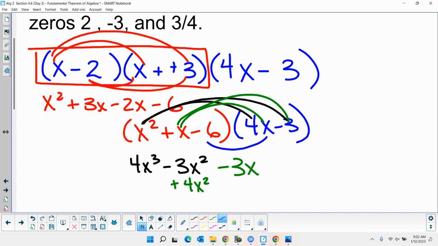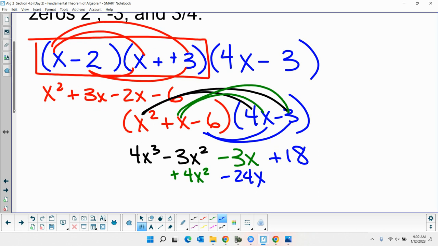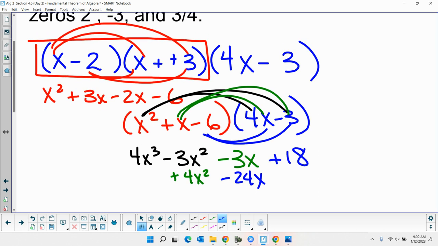And negative 6 times 4x is negative 24x. And negative 6 times negative 3 is a positive 18. Okay, so my answer is 4x cubed plus 1x squared minus 27x plus 18.